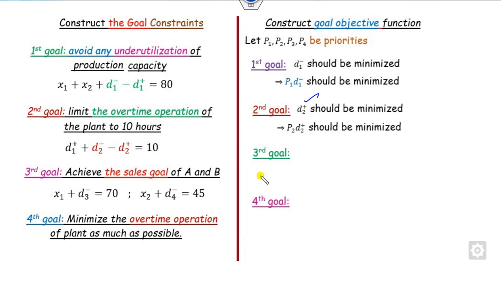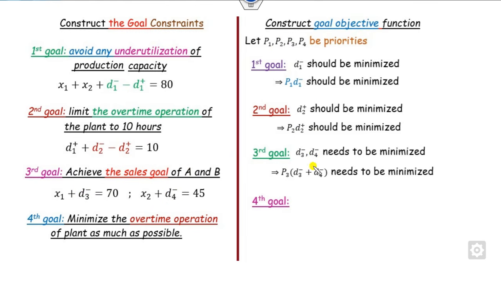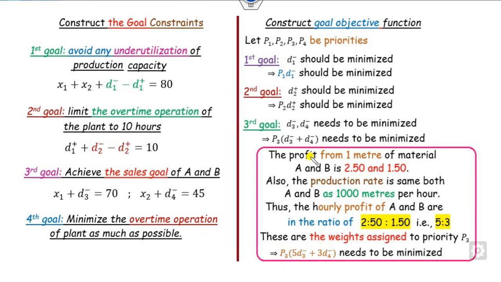That is here. And since priorities are there, achieve the sales goal of this. Since your target is to achieve this, this needs to be minimized. But if you read the statement carefully about these sales, you can see that the profits are given to you here, and the production capacity is also given to you as 1000.